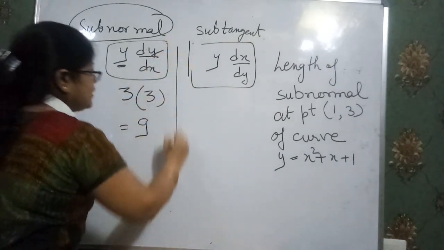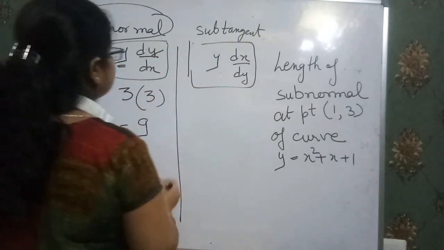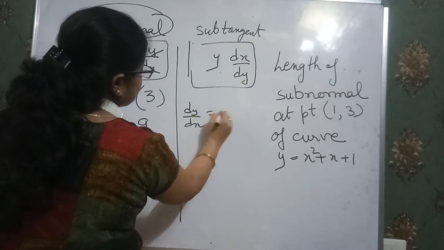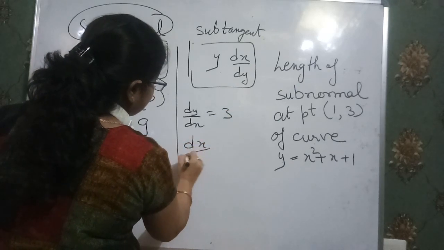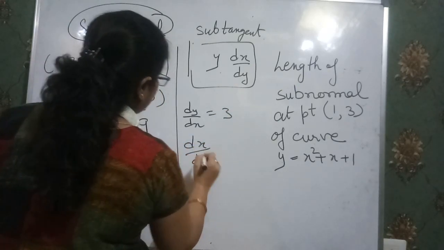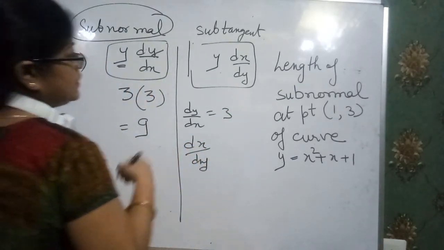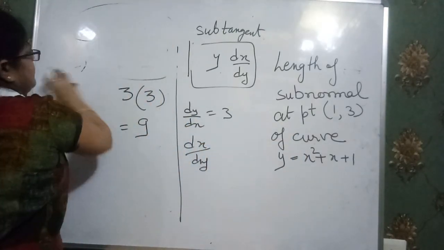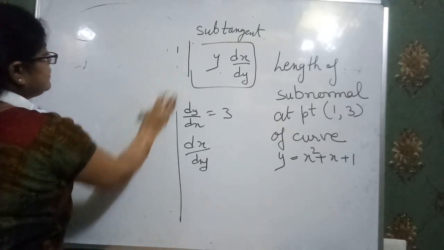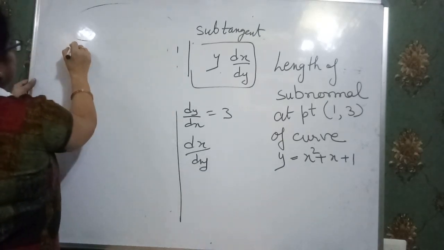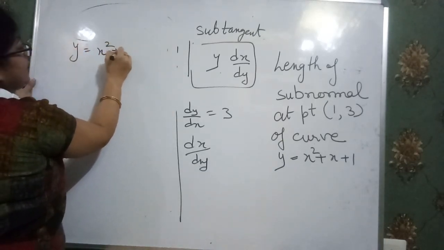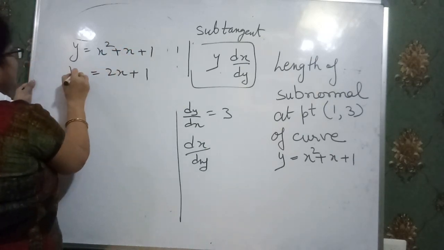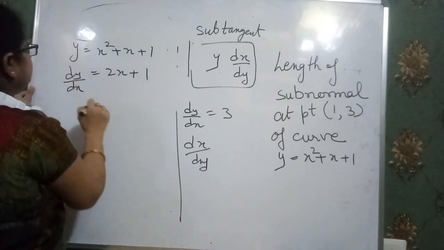But for example, if we have to find subtangent, so value of dy over dx is 3. So value of dx over dy is what? We have to again differentiate the curve and find the value of dx over dy. So again we have the curve y is equal to x square plus x plus 1, that is 2x plus 1 dy over dx.